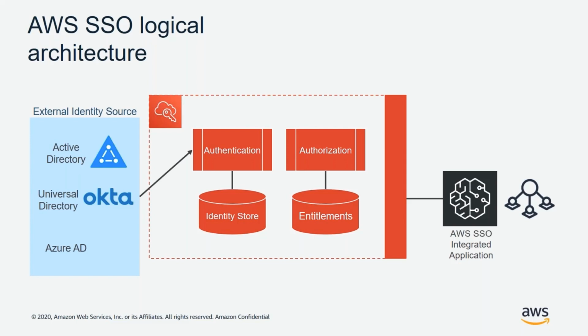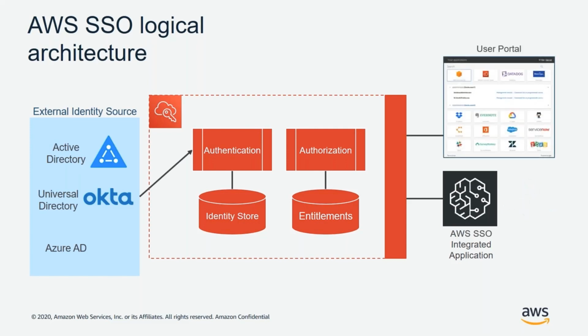So instead of having to federate to each AWS application separately, you can connect your users and groups once, and they are available to use with AWS SSO integrated applications too. The last key part of the logical architecture is the user portal. This is the URL where your users go to access the AWS accounts, roles, and applications to which the SSO administrator has given them access.